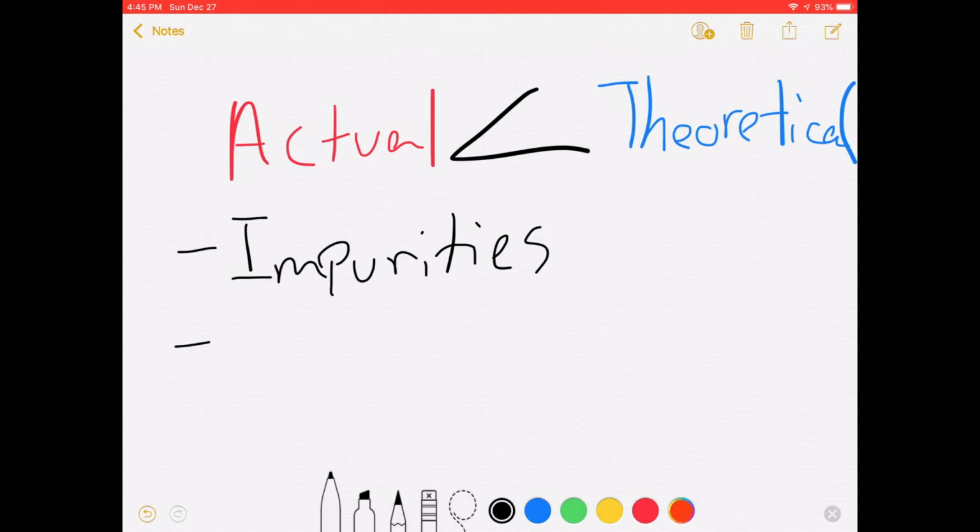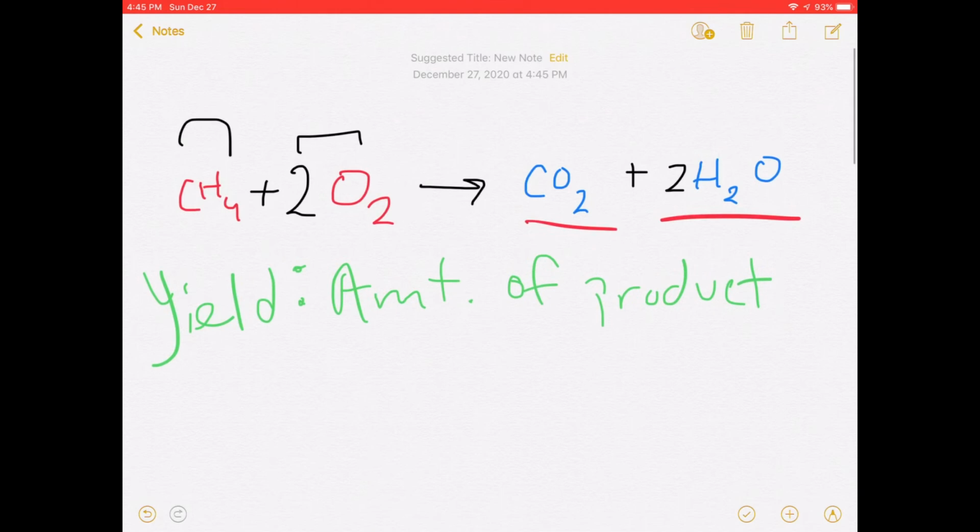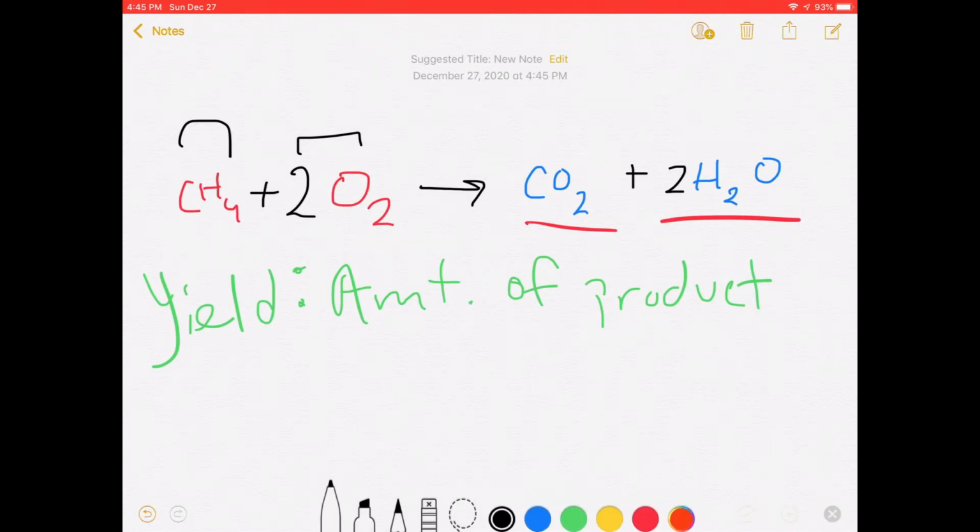Another reason could be because of some side reactions. And this could be because of impurities, because if you have methane reacting with something else that's not pure oxygen, that could cause some other types of products to be formed that are not the products that you're looking for.